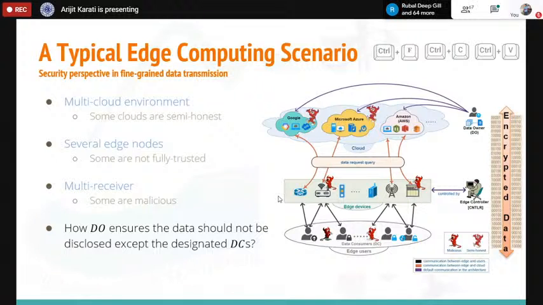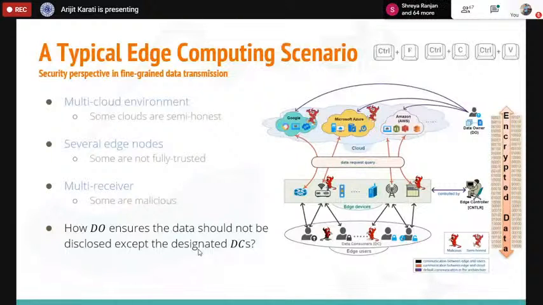Designated means, suppose I am trying to send some data to a group of users. Make sure that only those people who are inside that group can decrypt or access this data. That is kind of a multicasting, right? So that's where the concept of the designated data consumer came from. So can we protect our data?